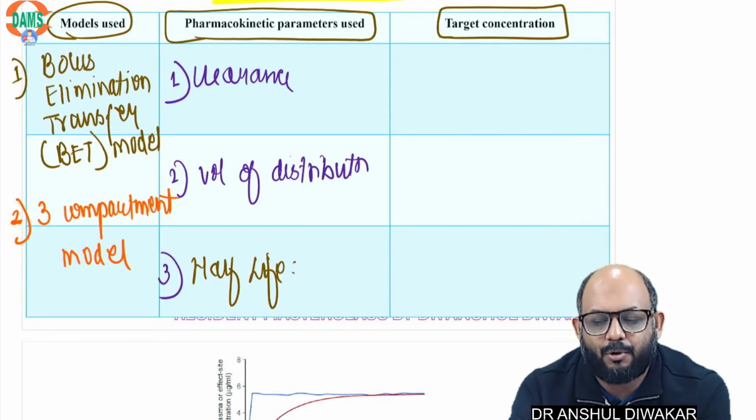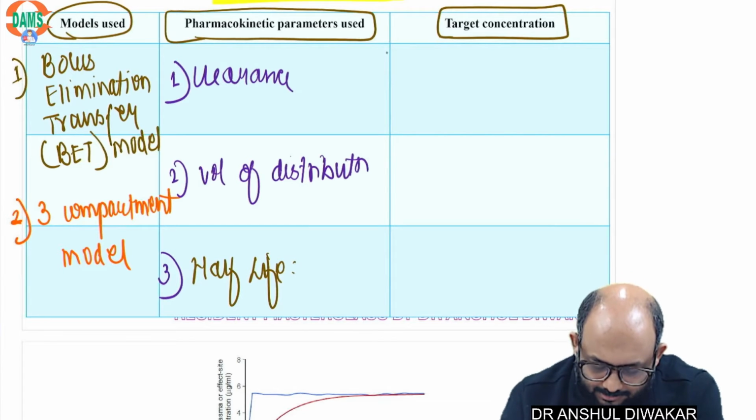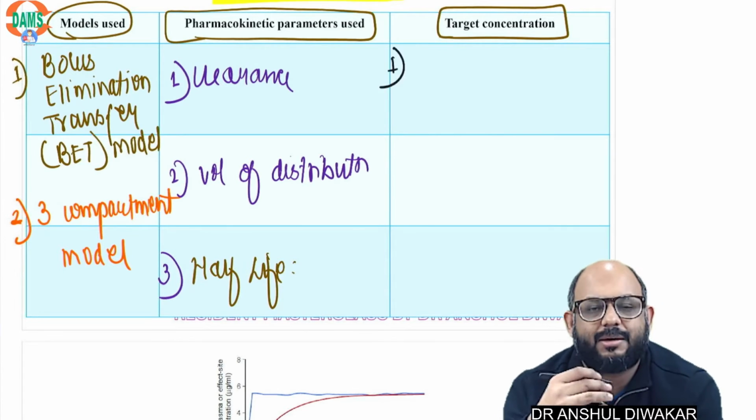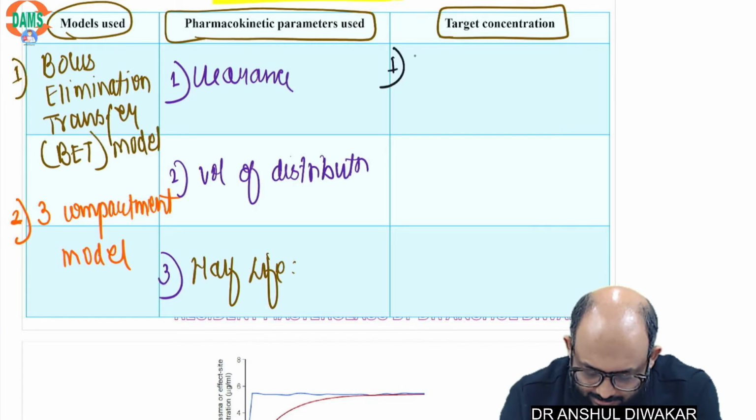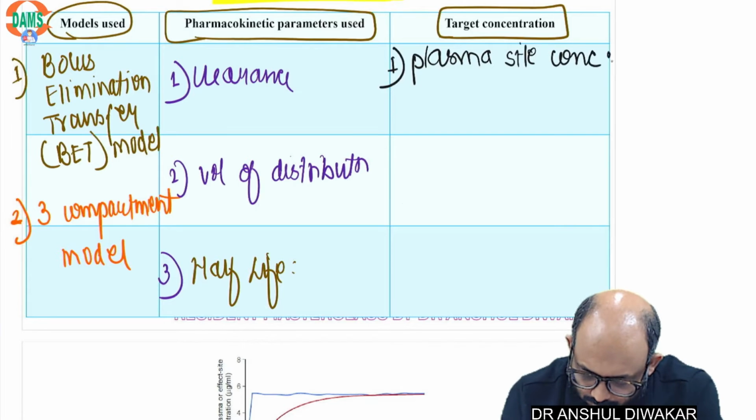And then a very important part called the target concentration, what you are targeting, whether you are targeting plasma site concentration or you are targeting effect site concentration.